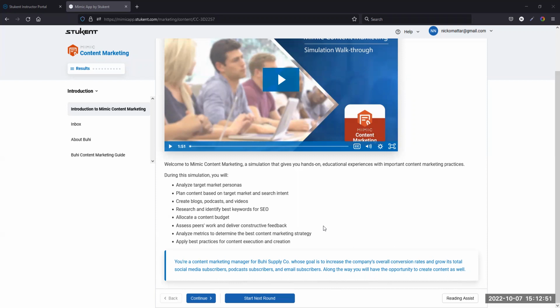So when you look at how the simulation scores, it is a simulation, so it's the sim, the computer, that is actually going to be grading you. You're going to be graded on those numbers at the bottom. And as all Stukent simulations are set up, it's ultimately decided by incoming revenue.